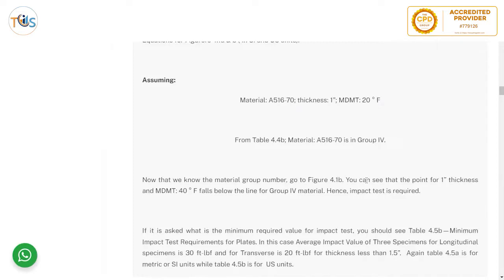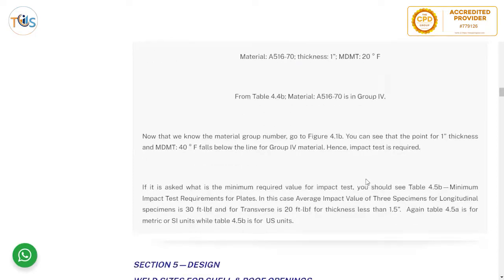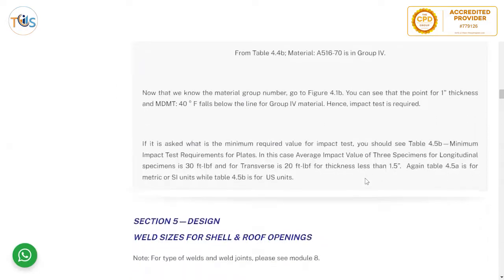Now that we know the group number, we go to figure 4.1b. You can see that the point for 1 inch thickness and MDMT of 40 degrees Fahrenheit falls below the line for group 4 material. Hence, impact test is required. If it is asked what is the minimum required value for impact test, you should see table 4.5b, minimum impact test requirement for plate.